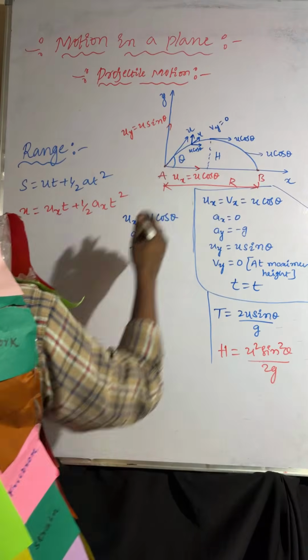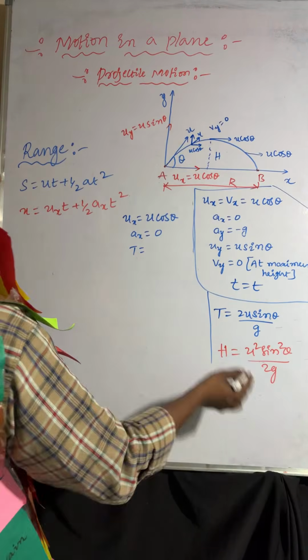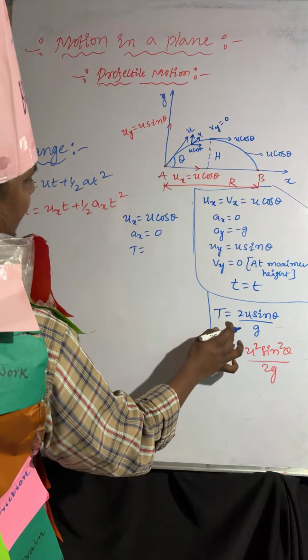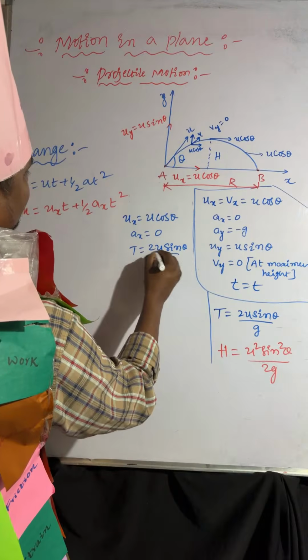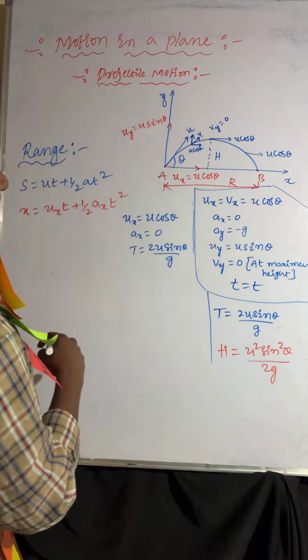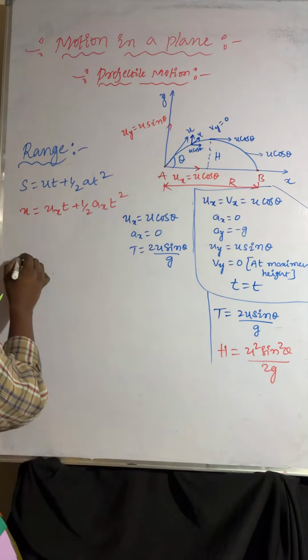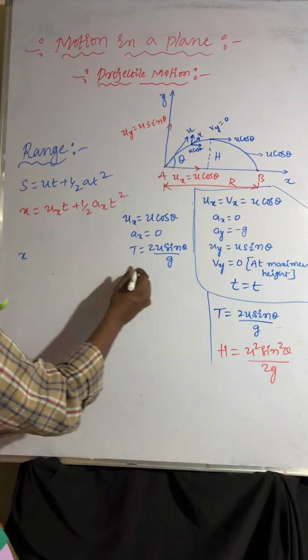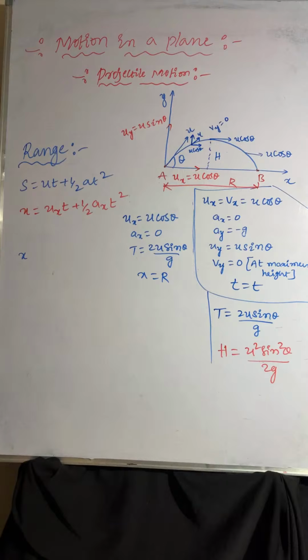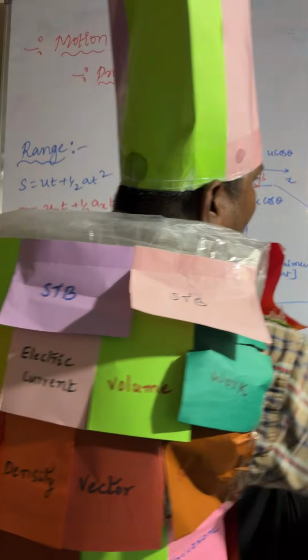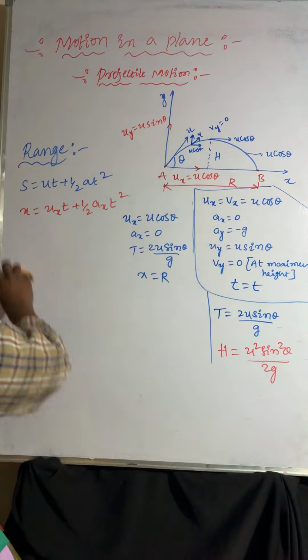And here the maximum time of flight. Okay, from here to here it traveled, right? So now time of flight is 2u sin theta by g. Now substitute here. So x is nothing but range R. In the place of x, you have to substitute R, right?